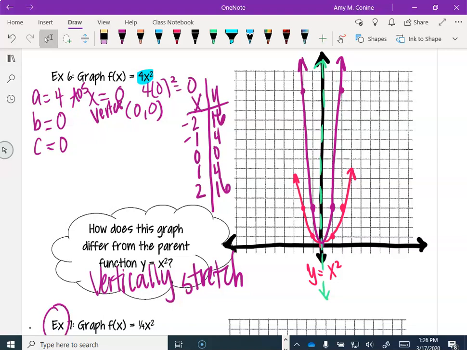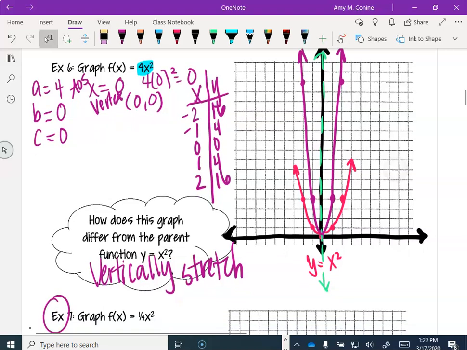So it's going to get taller and thinner. So if you want to write something to help you remember that, taller and thinner when you've got that integer in there.